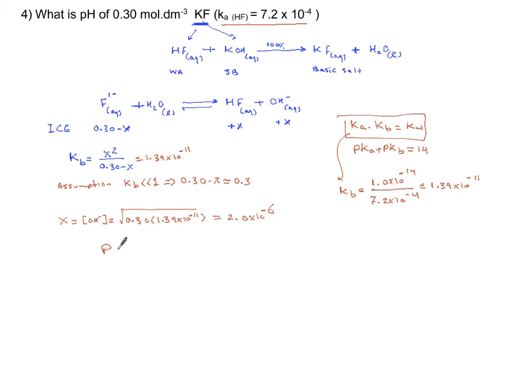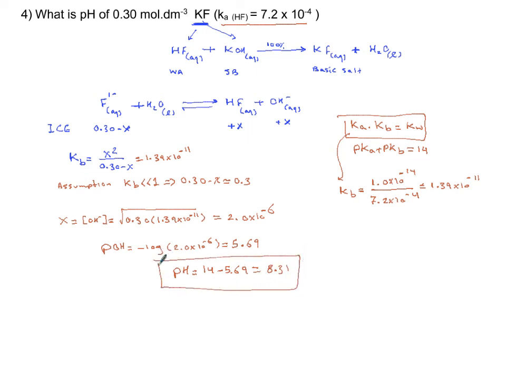So pOH is negative log of that. And it's 5.69. And finally pH is 14, take away 5.69, which is equal to 8.31.